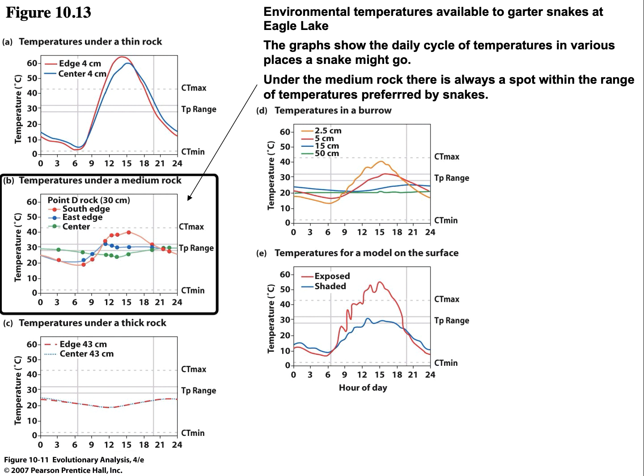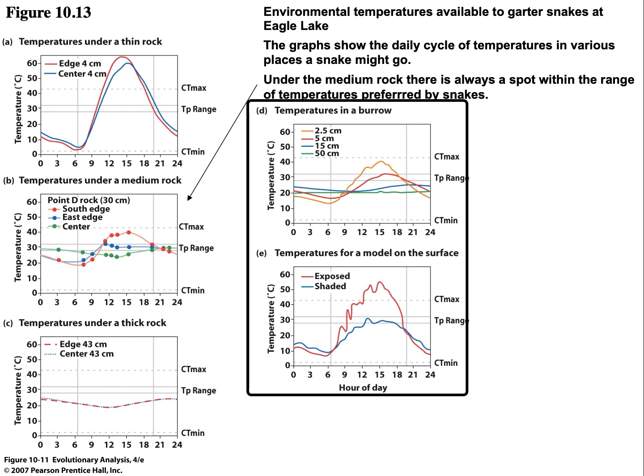And they found that the snakes were almost always under the medium rock, and they would just move from one place on the rock or under the rock to another place under the rock to where the temperature most suited them. So by sensing the different temperatures in the rock and through experience, then most of the snakes gravitated towards medium-sized rocks.